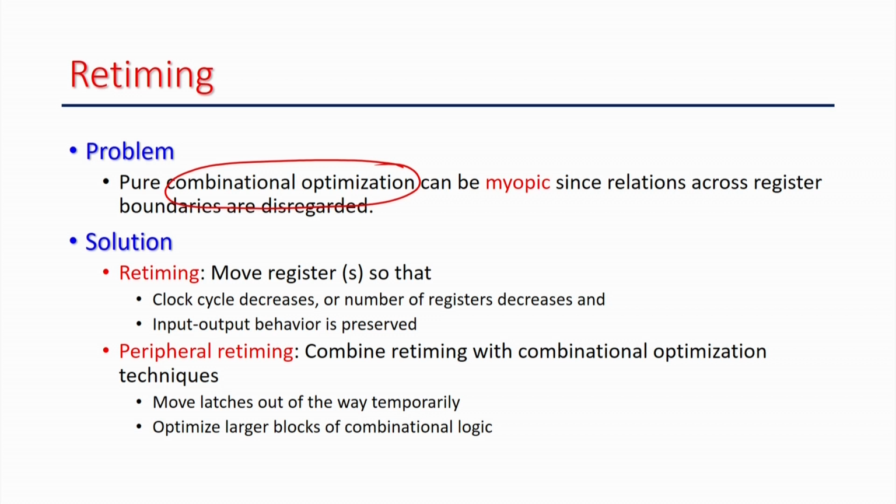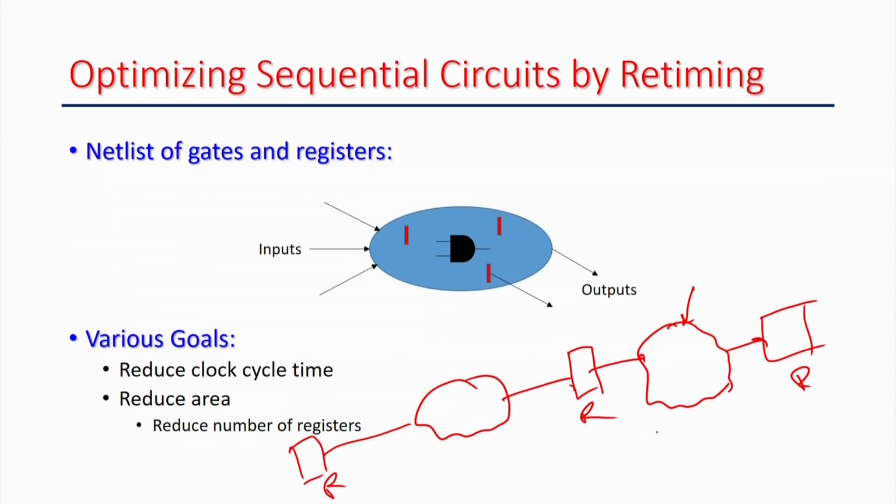Say this combinational delay is 200 milliseconds, and this other one is only 20 milliseconds. This unit is smaller than that one. Whatever optimization you do, the design may not reach the target clock.